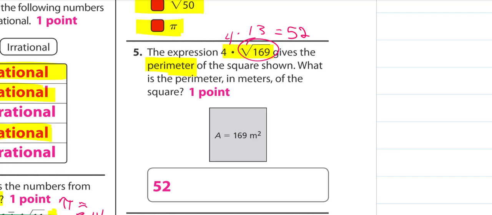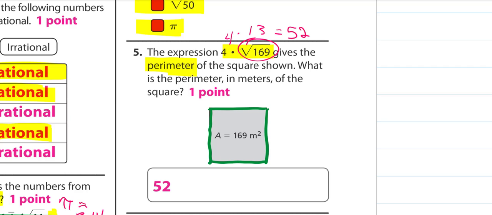And they're asking what the perimeter would be. So it is important to know the difference between area and perimeter. When they're asking us for the perimeter, they're asking us just for the outside measurement. So think of perimeter as a fence. If you're putting up a fence, you need to measure the actual sides of this square.